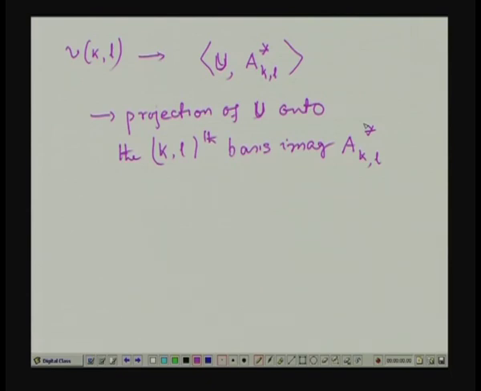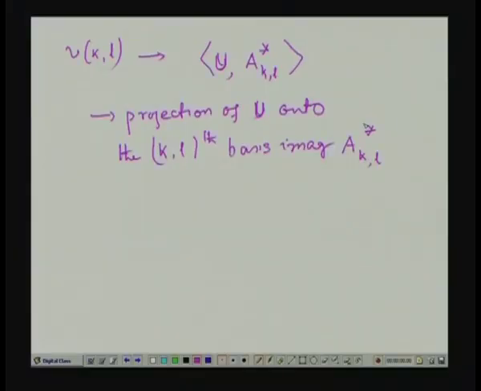This also shows that any input image U of size capital N by capital N can be expanded using a complete set of N square basis images. So, that is the basic purpose of image transformation.